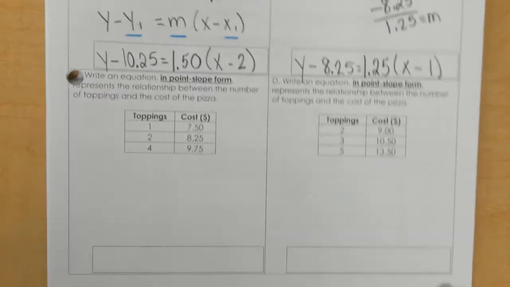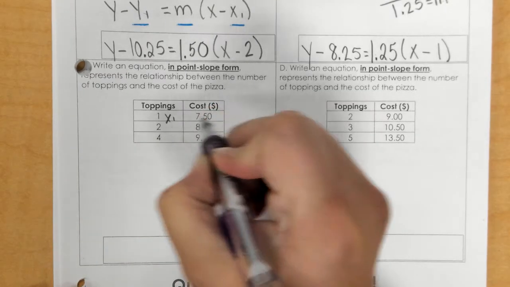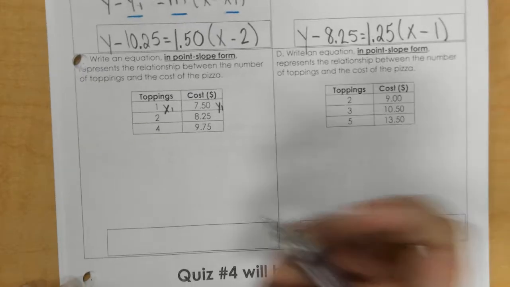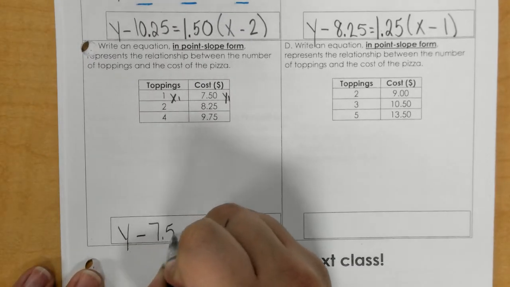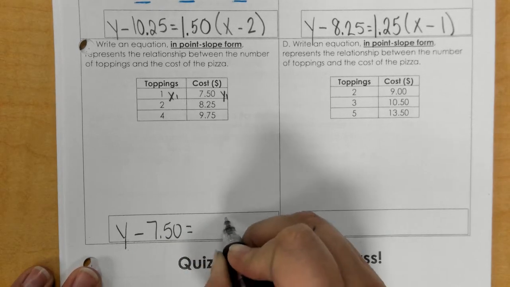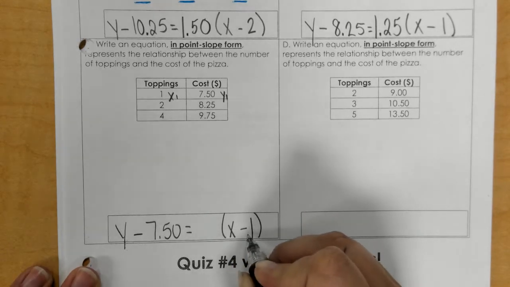Okay, for letter C, we have our x1 and our y1. So we could say y minus y1, which is 7.50, equals slope, we don't know yet, and then x minus our x1.